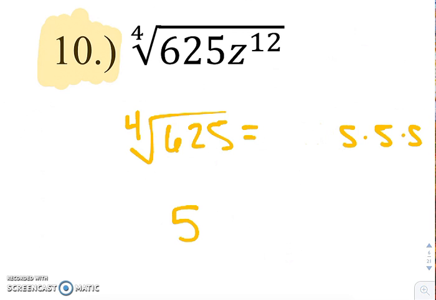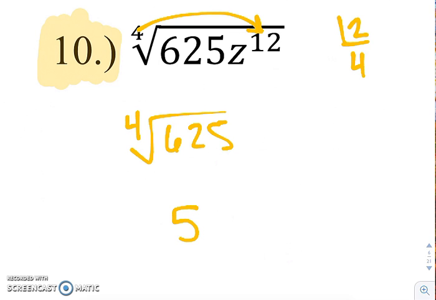So then the next thing we have to look at is your z to the 12th. So how many times does 4 go into 12? 12 divided by 4. Well, that's also a perfect value. It's just 3. So if there's nothing left over, that's fine. You just won't have a radical left. And that is okay.